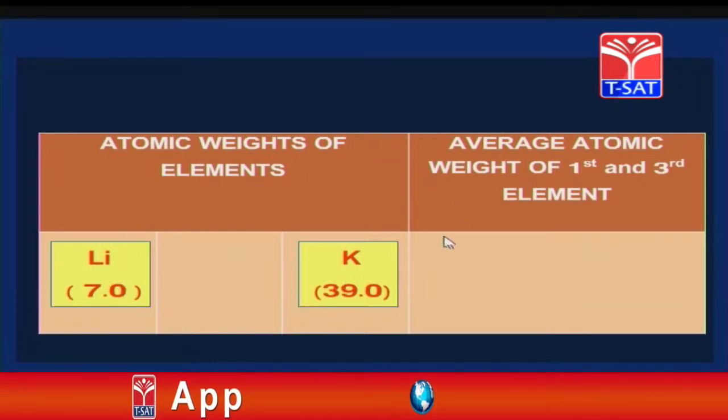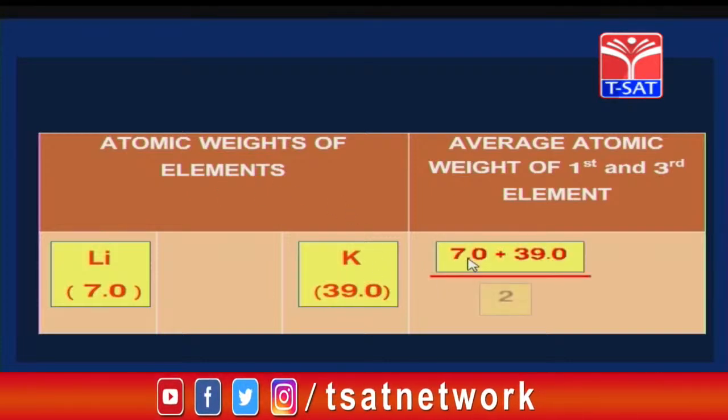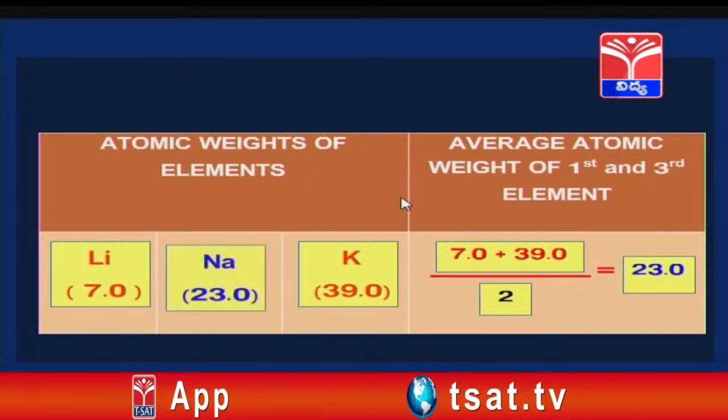Now, what is the average value? Average means we have to add the atomic weights: 7 plus 39 is equal to 46. Average means divided by 2, 46 divided by 2, it is nothing but 23. It is nothing but the atomic weight of sodium.